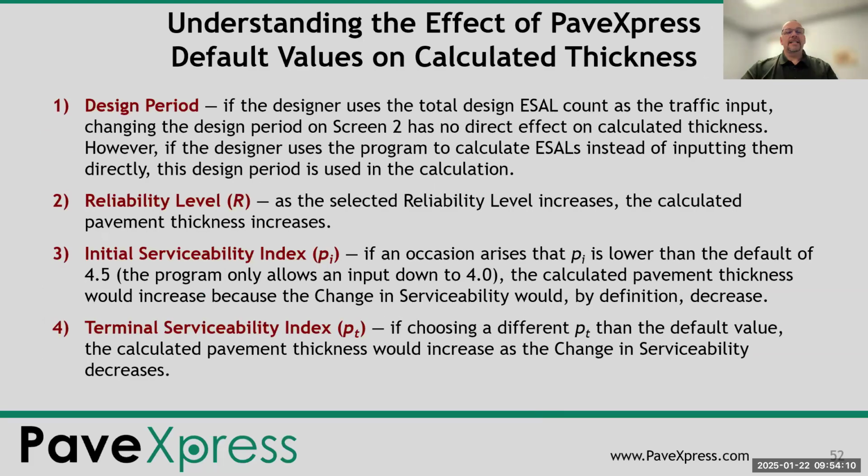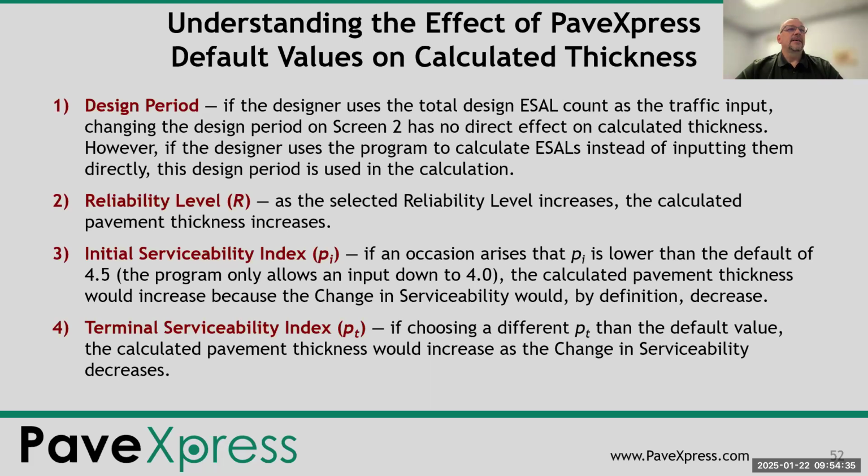So, understanding the effects of PaveXpress default values on the calculated thickness. We'll review some important factors. Obviously, the design period plays a big role because that's going to calculate your total loadings over time. So the longer your design period is, the thicker your pavement's going to end up being.